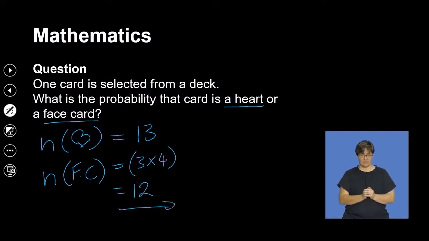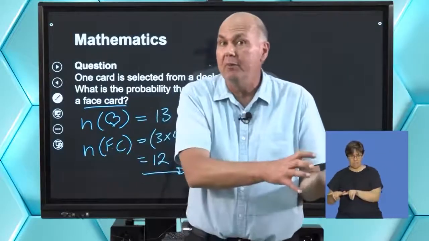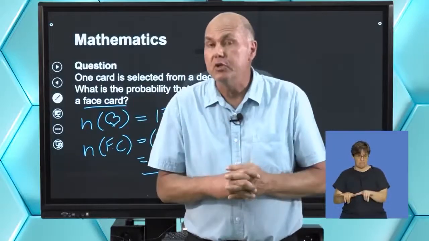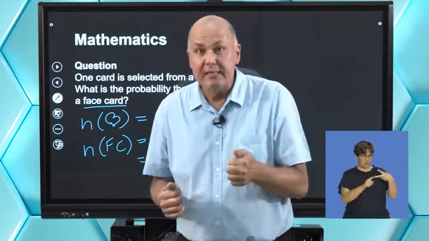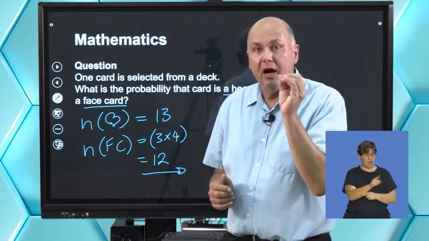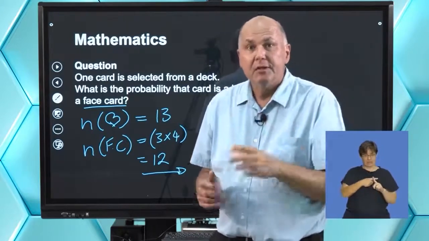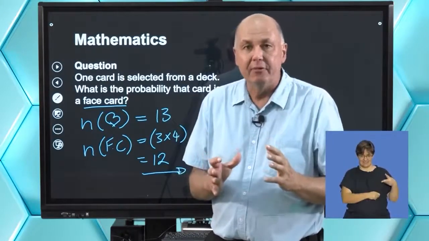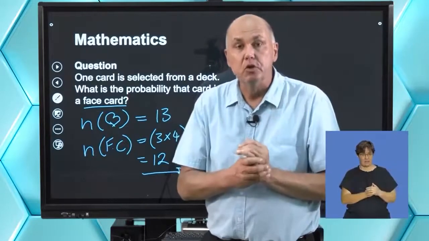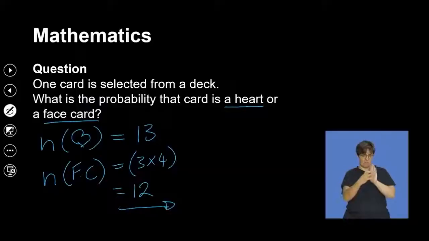Now, do you notice something as we've counted those out? Are there elements that are common or not common to both of those 2 groupings? I think you can see, just by doing the counting, that there are 3 cards that are both hearts and face cards. So to make this a little bit clearer, I think it would be useful to draw a Venn diagram, just to illustrate it a little bit better.